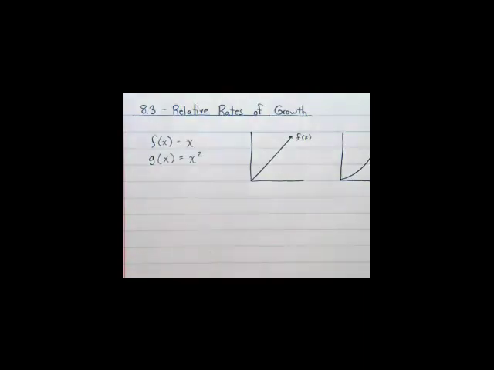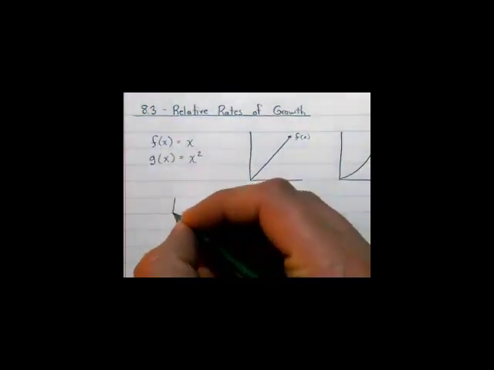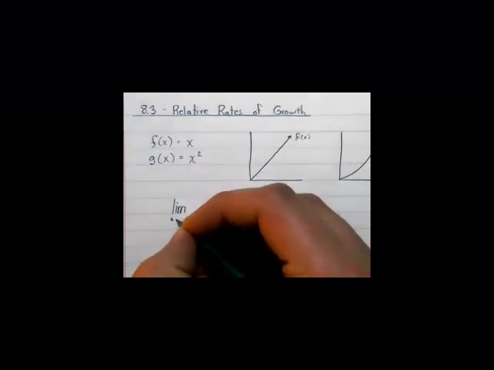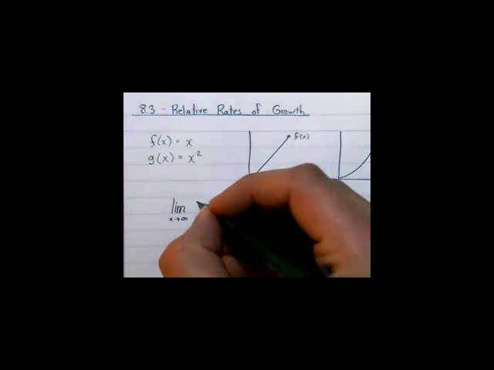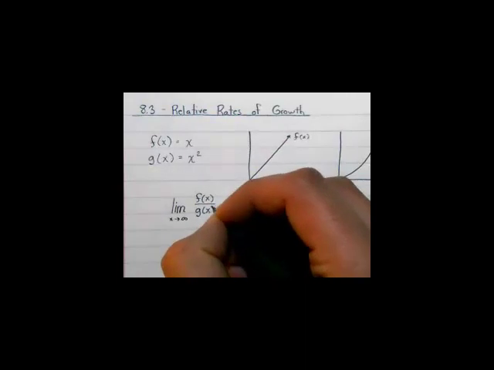We can think of this kind of like when we were finding horizontal asymptotes and doing L'Hopital's rule, making a function out of these two. So we're really concerned with the limit as x goes to infinity of one function divided by the other.